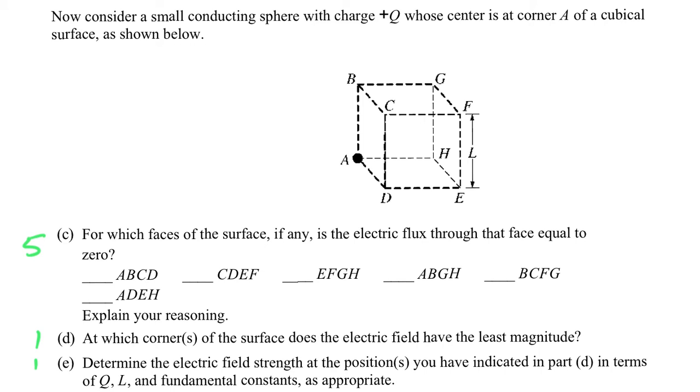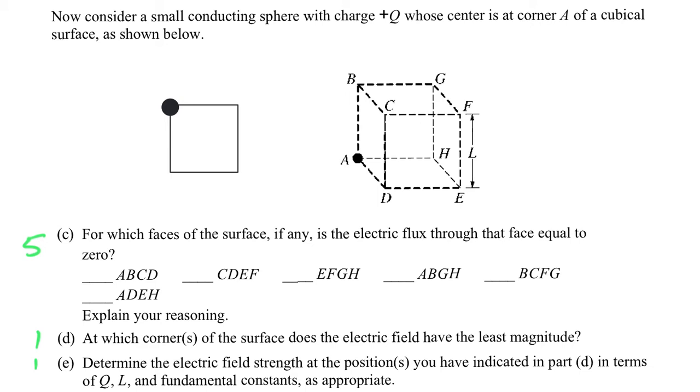Remember, the cube has a corner A that is at the center of a little sphere of charge. And I'm just going to draw it like a top-down look. So let's say this is top-down. That's a top-down look.